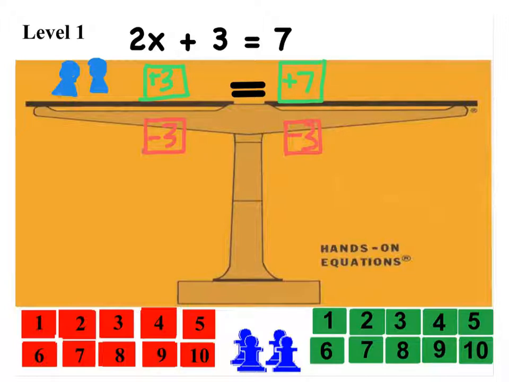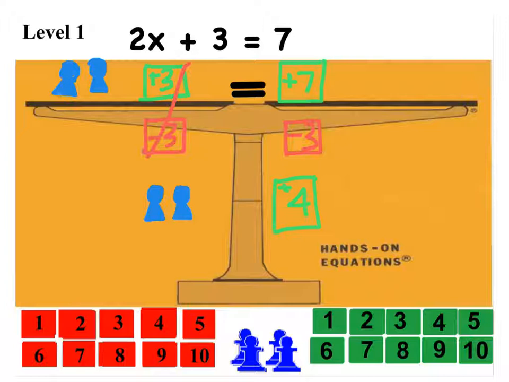Because if we do it to one side, we want to keep the scale balanced and do it to the other side as well. The positive and the negative cancel out. They add up to 0. So we are left with two x's on one side, and on the other side, negative 3 and positive 7 add up together to make positive 4.